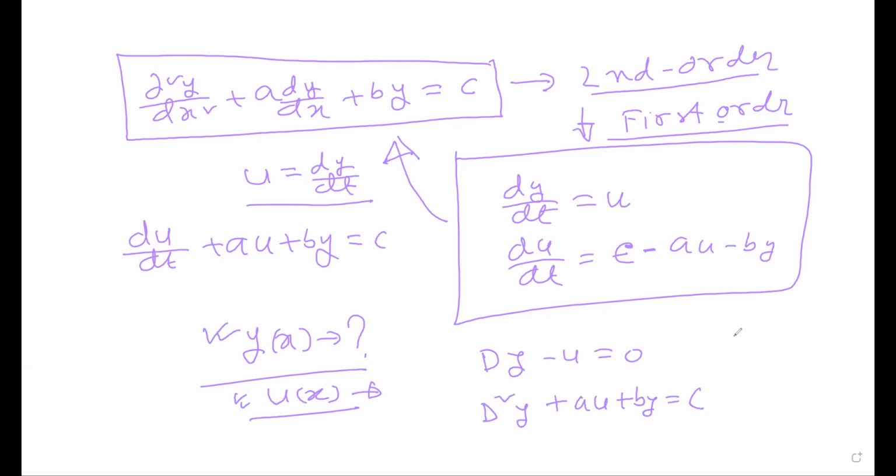Can we put the thing in the matrix form in this way? This is your y, this is your u. And you have your other side, something there. You see that in your first equation, D will be coming here and your u position will be equal to -1 and no value is there on your right side.